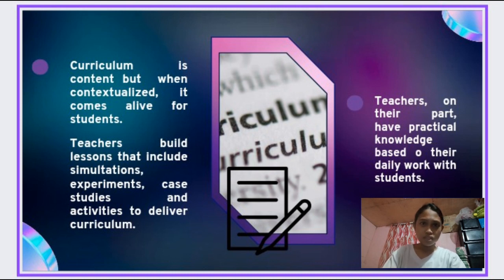Teachers build lessons that include simulations, experiments, case studies, and activities to deliver the curriculum. Also, teachers, on their part, have practical knowledge based on their daily work with students.